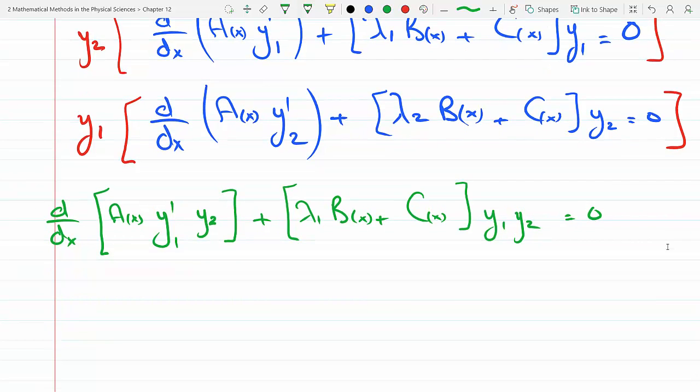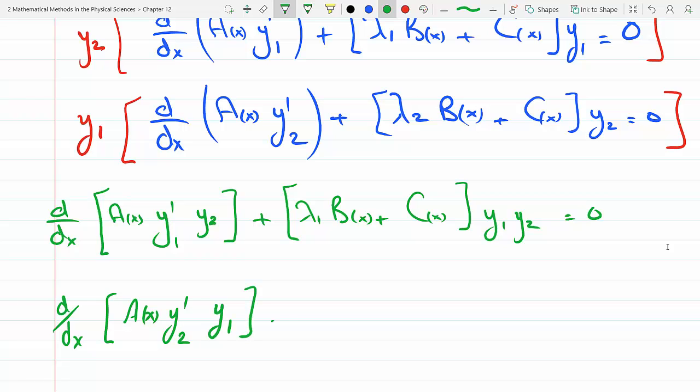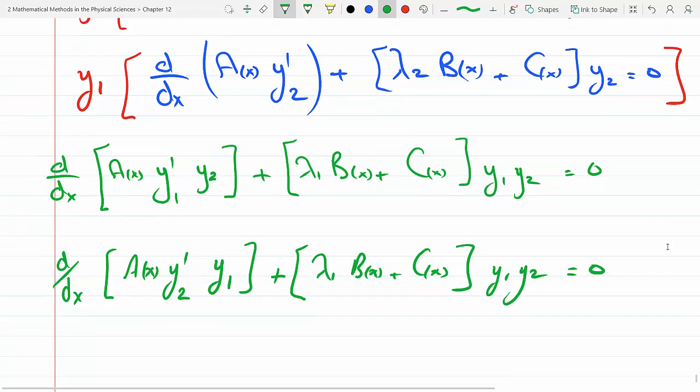and then the second equation becomes this.